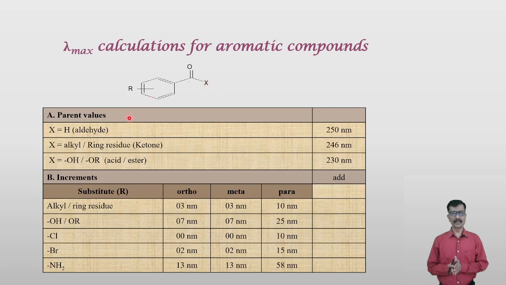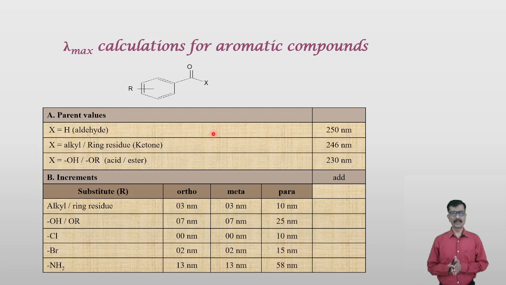If X is H, it is an aromatic aldehyde, so take 250 nanometers. If this X is an alkyl group or ring residue, it is an aromatic ketone, and for that it's 246 nanometers. And if this X is OH or OR, that is an aromatic acid or aromatic ester, the value should be 230 nanometers. So this is the parent value for aromatic compounds.